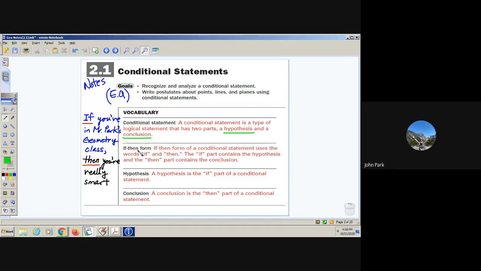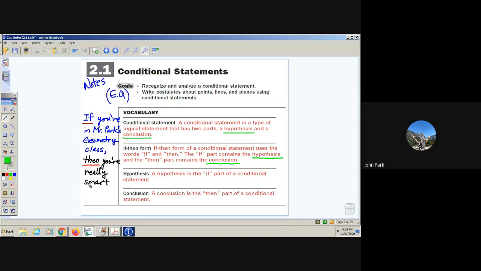So if-then form is what we use to write any kind of conditional statement. The hypothesis comes after the if, and the conclusion comes after the then.